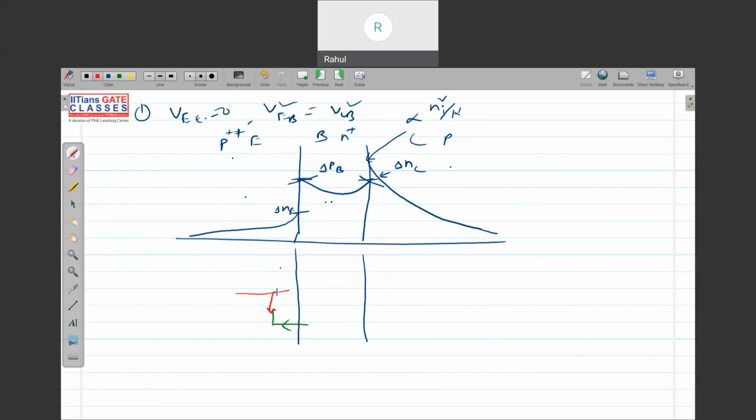And holes have been injected into the emitter, and they will recombine with the electrons in the base.